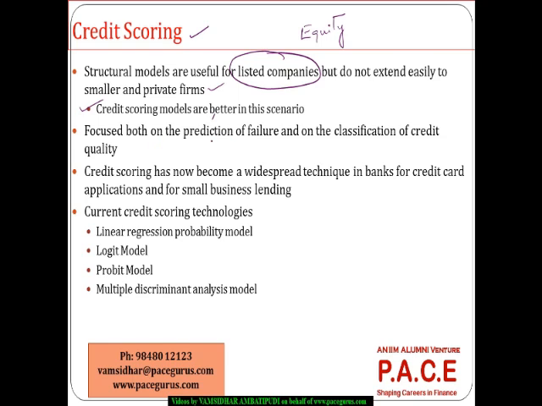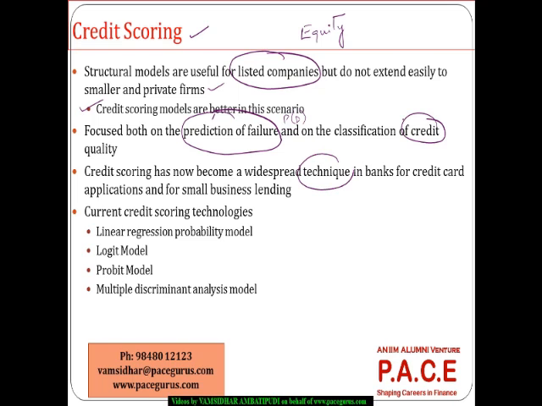Now, there are two things that these kinds of models talk about. They focus on the prediction of failure as well as the classification of the credit. So for any new firm, they focus on, one, finding out the prediction of failure, the probability of default, and two, the classification of that particular credit into a default or a non-default category.